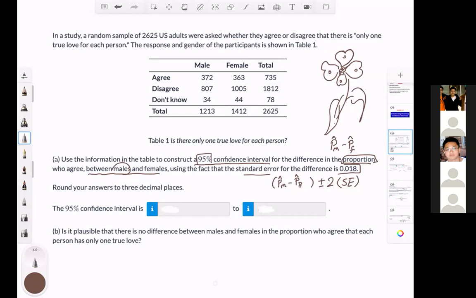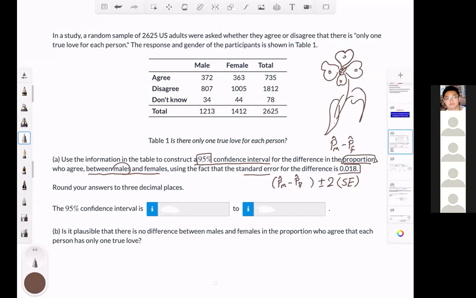Group G4, Stephen? For the difference, I got 0.12. I don't know if that's correct though.